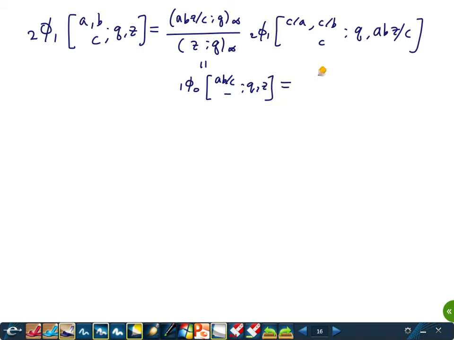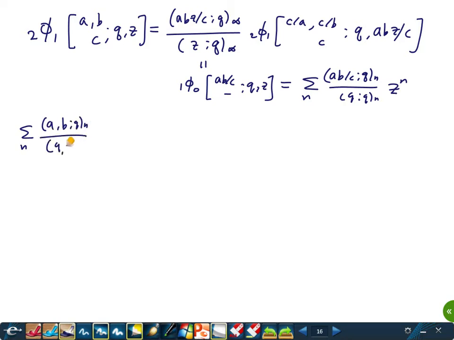Which is the summation over n of (a, b over c; q)_n z to the n. Okay? So here we have one summation, or here, the summation over n of (a, b; q)_n over (q, c; q)_n z to the n.